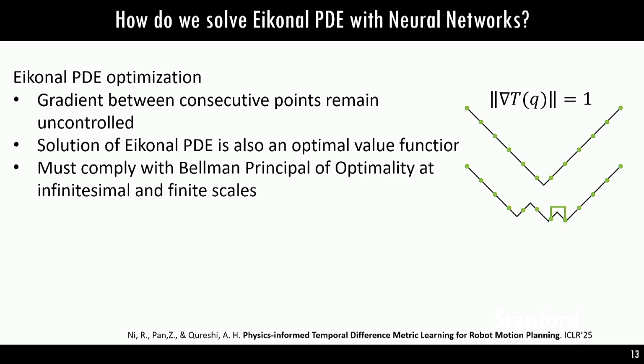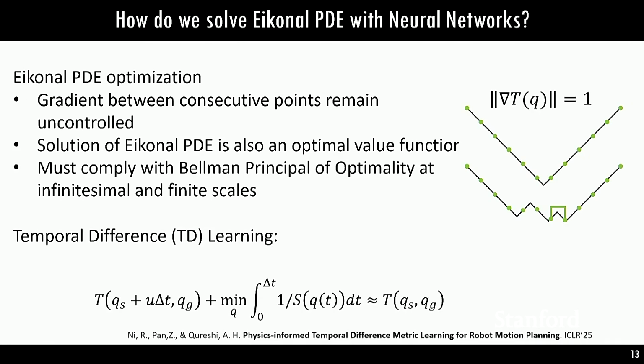So the solution to this problem is by treating the eikonal PDE solution as an optimal value function, and it must satisfy Bellman principle of optimality. So when we say it must satisfy Bellman principle of optimality, we have to do temporal difference learning. How many of you are aware of standard Q learning, deep Q learning? Some, like most of you are aware.